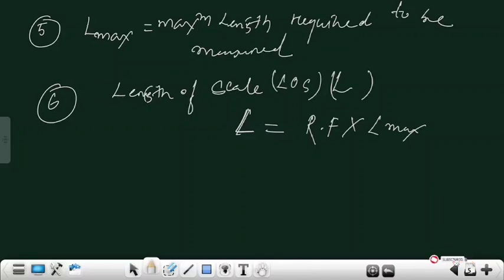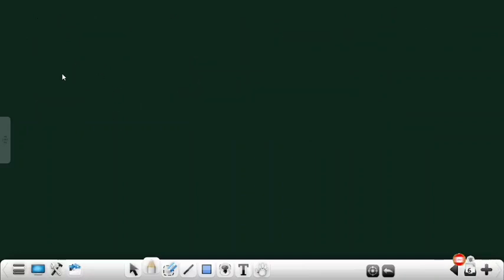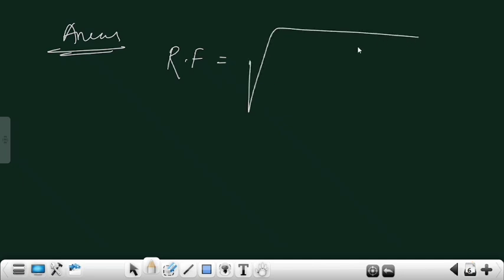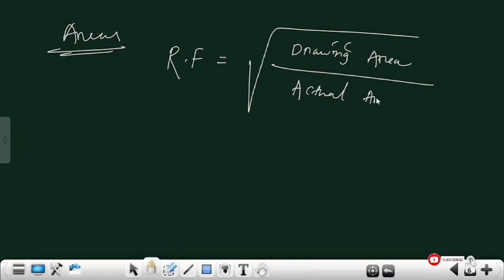Next we have to remember one thing. When RF is represented in terms of length, if it is area, RF can be found as root over of drawing area divided by actual area.